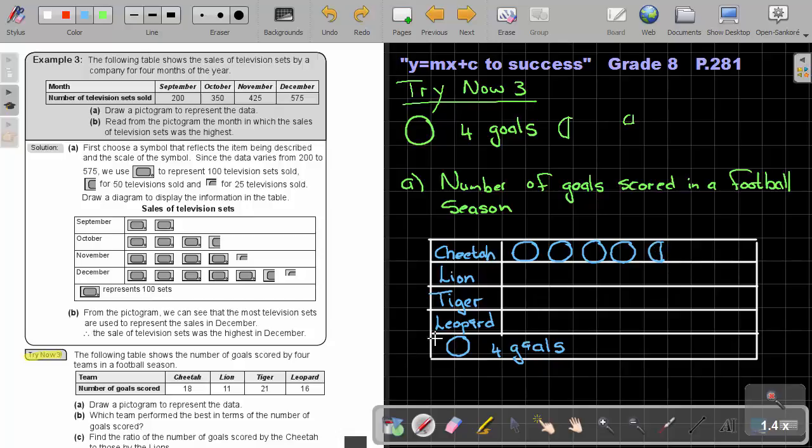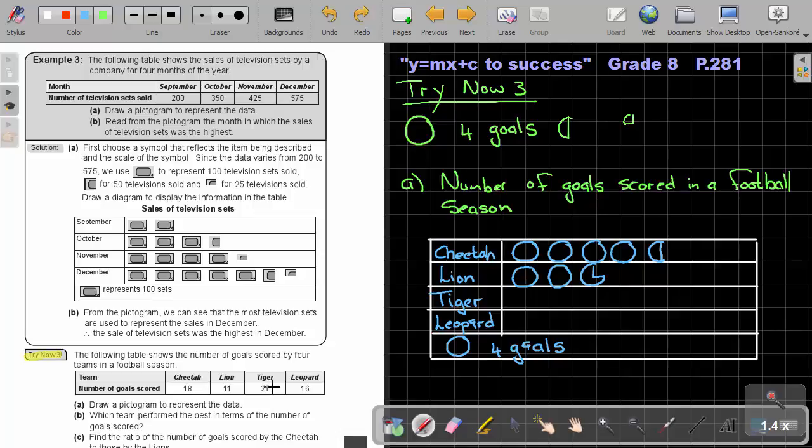The next one was 11, so it will be 2 full and a 3/4. So 1, 2, and I think sometimes it's better to first make it full and then take the rubber to get that 3/4. Just a quarter away. There's my 3/4.